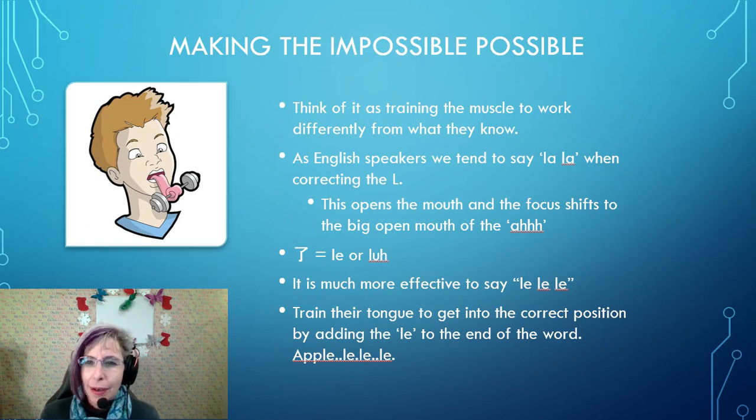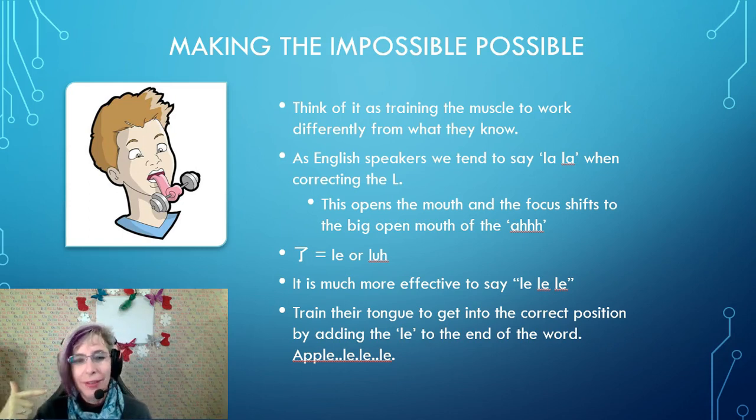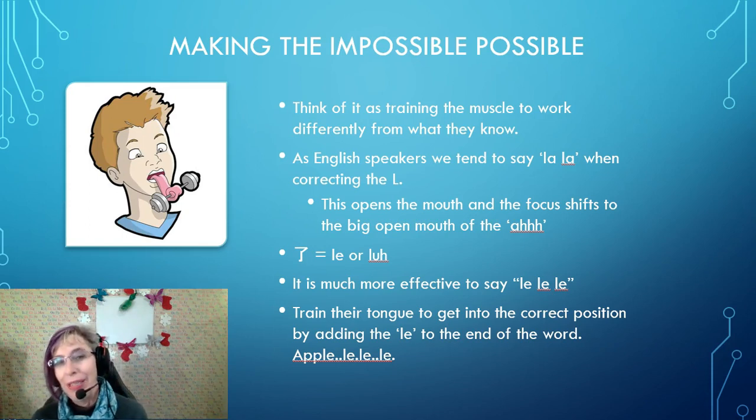So here's where I had to change some of my thinking. We have to train their muscles to work differently than what they know. This is about muscle movement and muscle memory. And one of the things we do as English speakers is we tend to say la, la, la when we're correcting it.